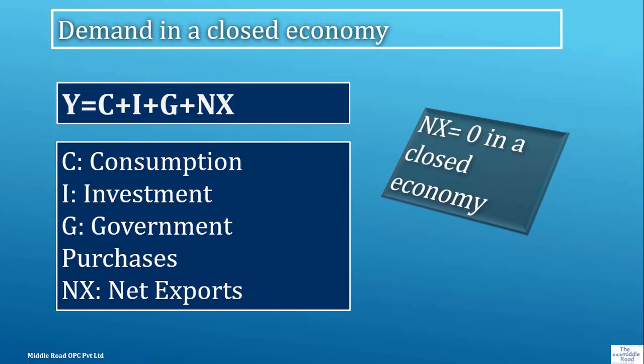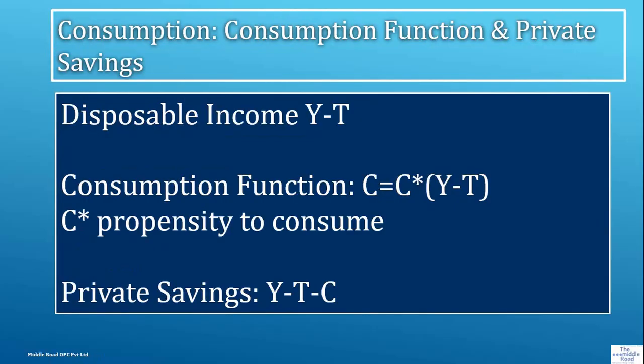Now we know consumption is a function of disposable income. The economy goes through taxation, so because of this taxation you ultimately have a disposable income. The output, which we know is fixed, is Y. You tax, and Y minus T is the disposable income.